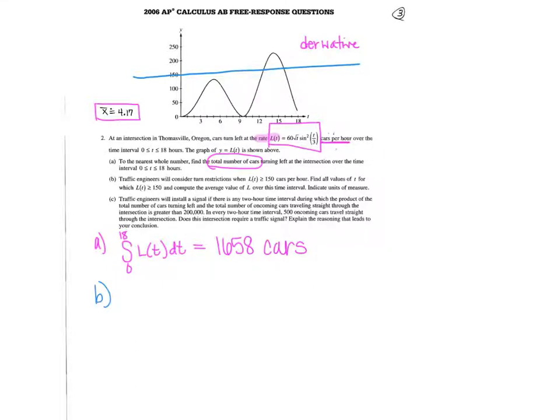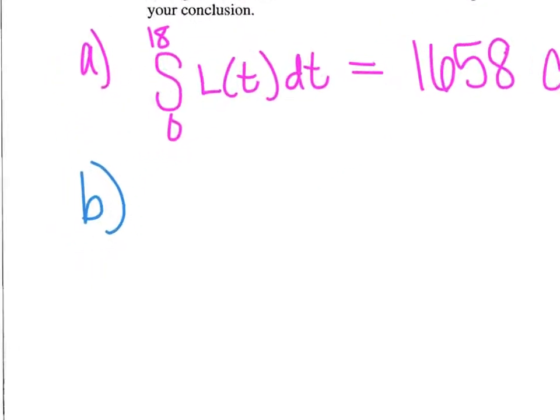That's the line 150. Do you agree that this intersects twice? So the first thing that I would do is go to my calculator, put 150 in for y2, and I would look at where they intersect. So I'd go back to my graph, I would do F5, and I would find those intersections.